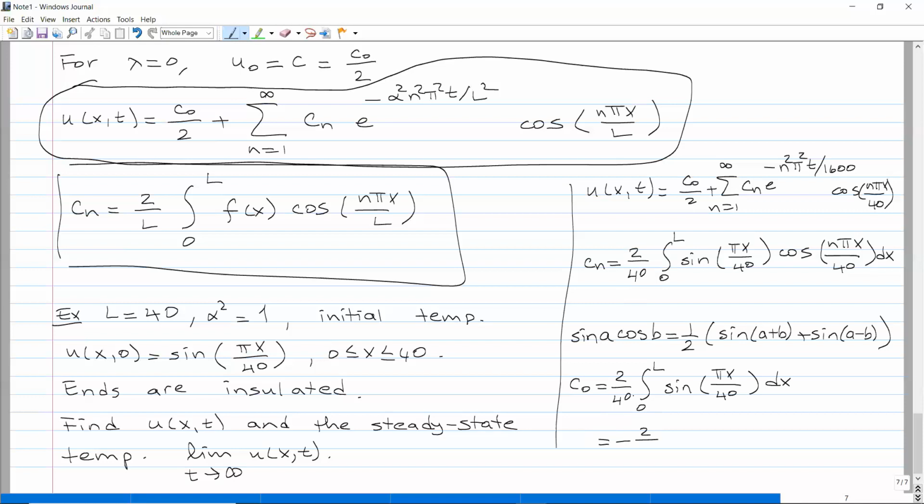So this is 1 over 20 times minus 40 over pi cosine pi x over 40 from 0 to 40.